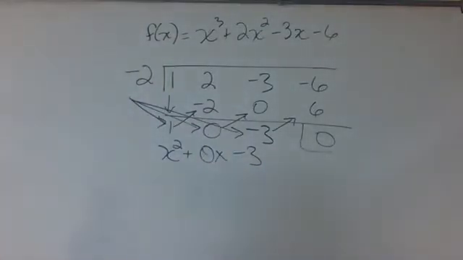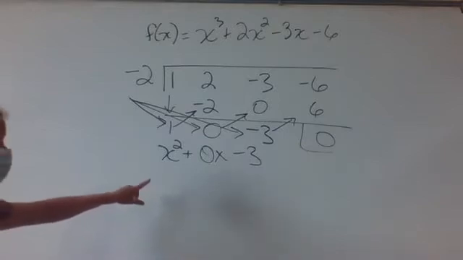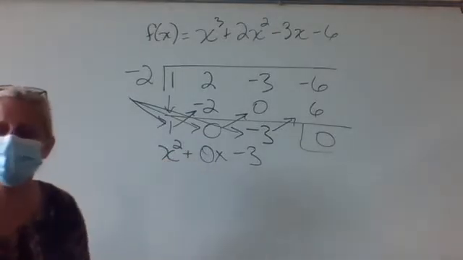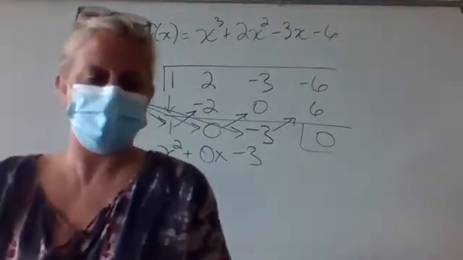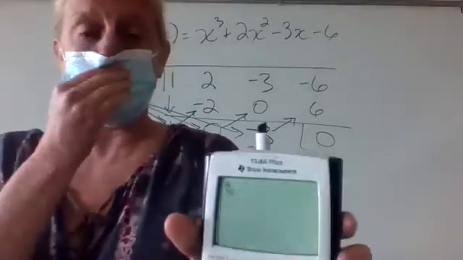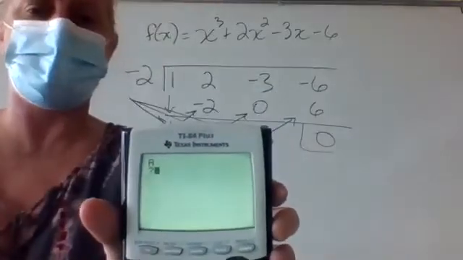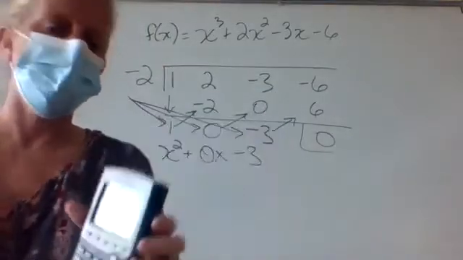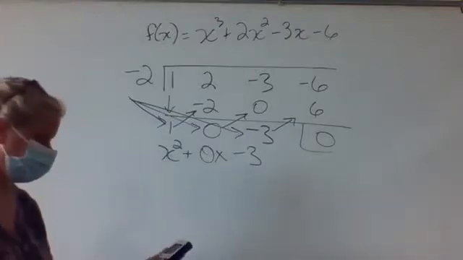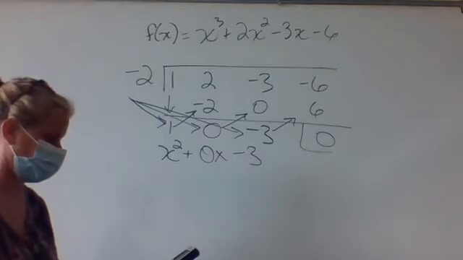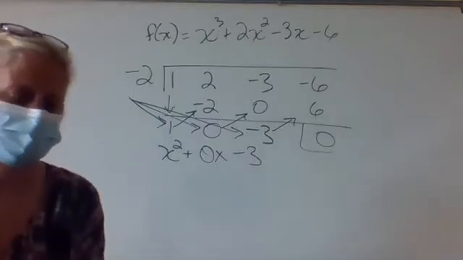That's going to give me my other two zeros, and this time it is quad. So I can use my quad program to find the other zeros by putting in your A, B, and C. Well, A is 1. B is 0 and C is negative 3.